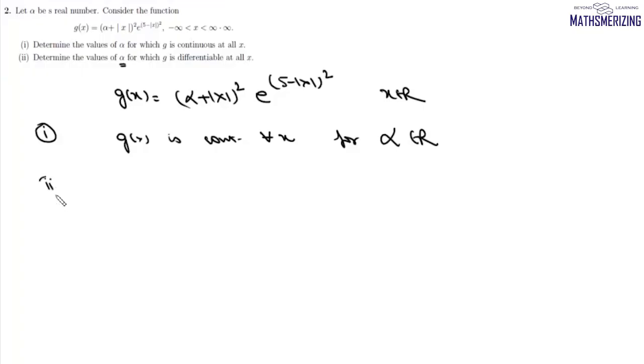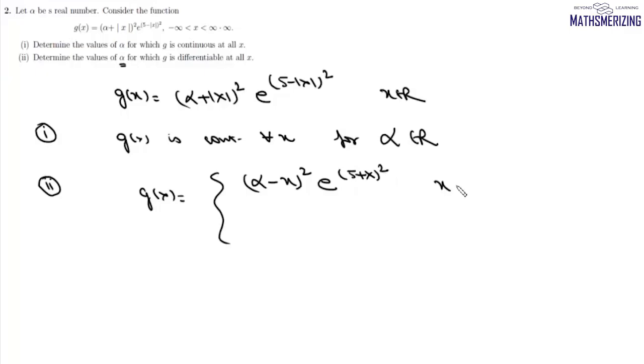Now for the second part, we can express this definition of g(x) as (alpha - x)^2 e^(5 + x^2) if x is less than 0, and it will be (alpha + x)^2 e^(5 - x^2) when x is greater than or equal to 0.